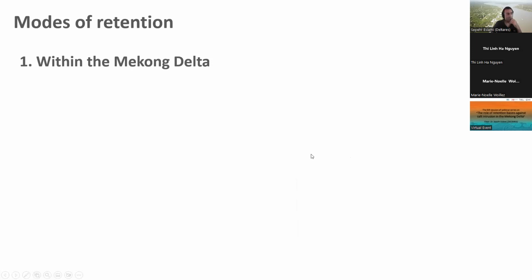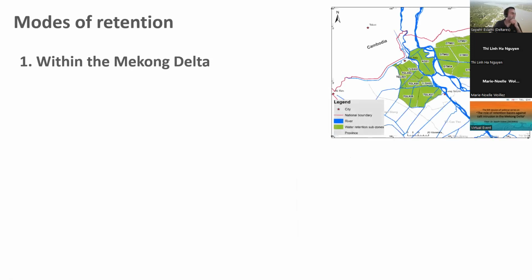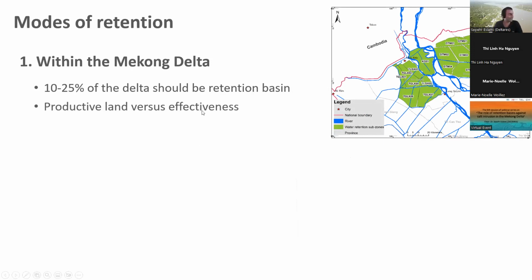So where can we do this kind of retention? We can look at two sources. One source which has been studied is storage within the Mekong Delta, within the dike rings of the upper delta, which would need to cover an enormous area of nearly 20% of the delta to provide that kind of storage.